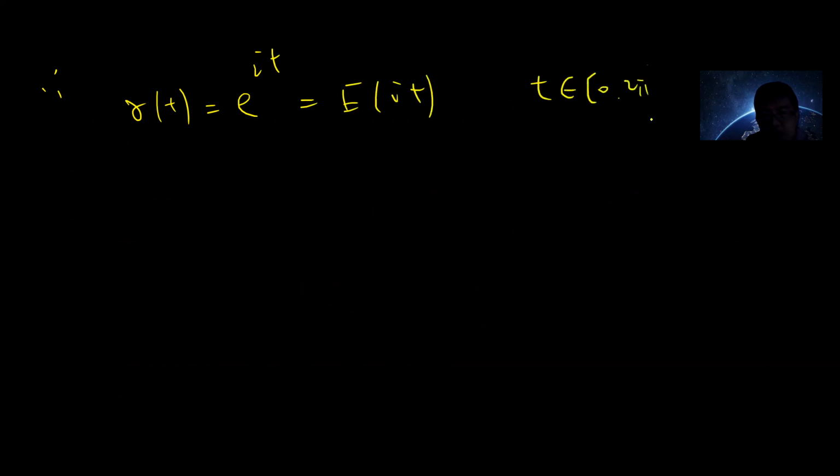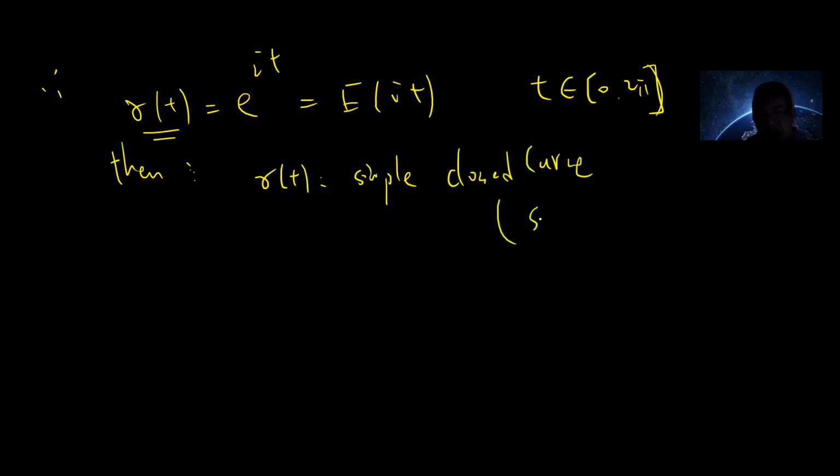So by the previous results, 1, 2, 3, 4, you know that if I define gamma of t to be exponential it, where t goes from 0 to 2 pi, then gamma will not intersect itself, so gamma will be a simple closed curve. Who cares? It's just a circle.